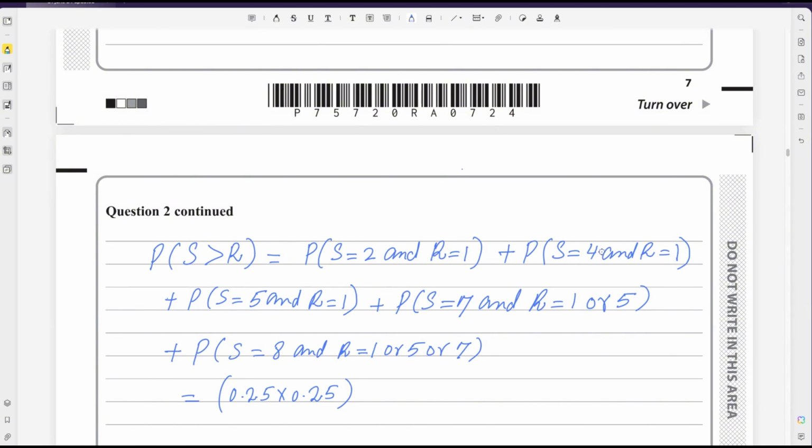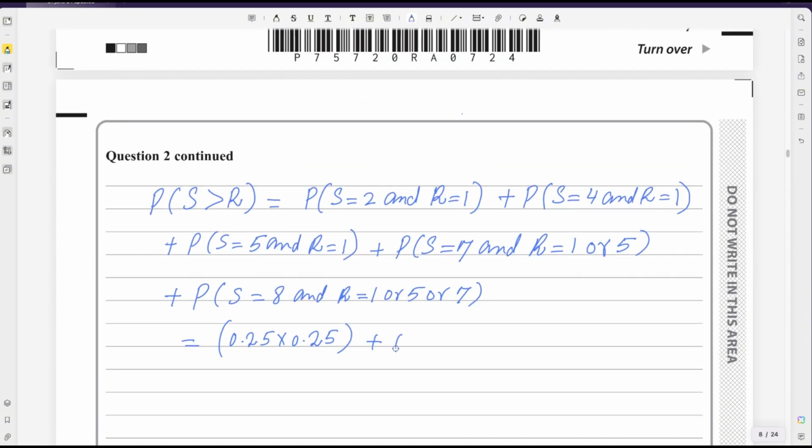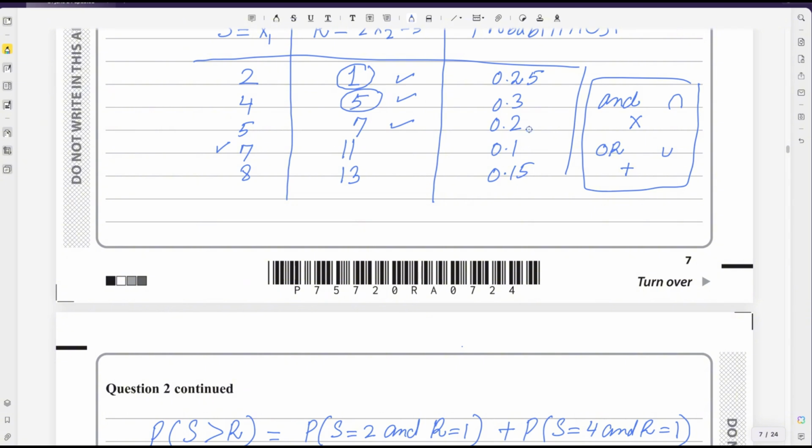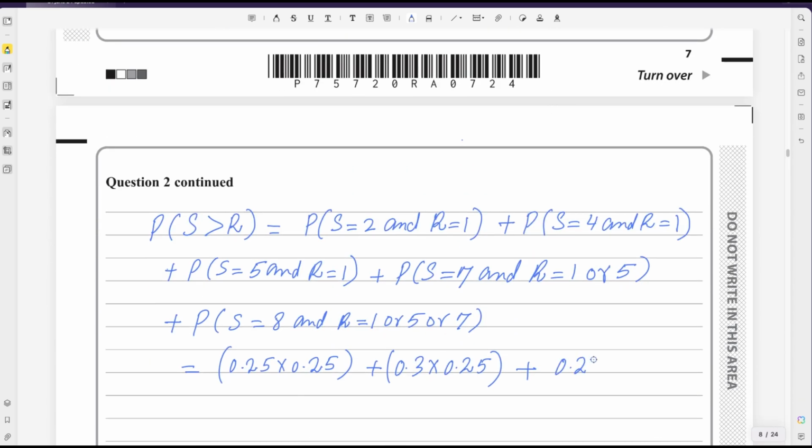And for S equals 4, corresponding probability is 0.3, and R equals 1, probability is 0.25. So 0.3 and 0.25 will multiply, plus probability when S equals 5 and R equals 1. S equals 5, probability is 0.2, and R equals 1 is 0.25. So these two probabilities will multiply, plus 0.2 multiplied by 0.25.